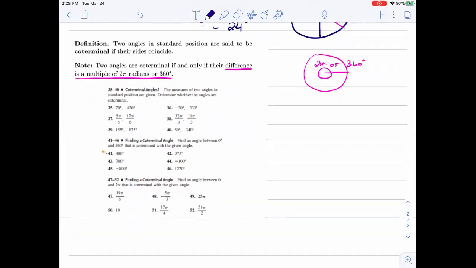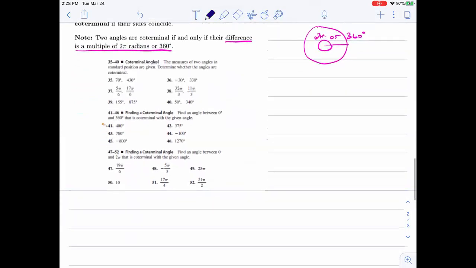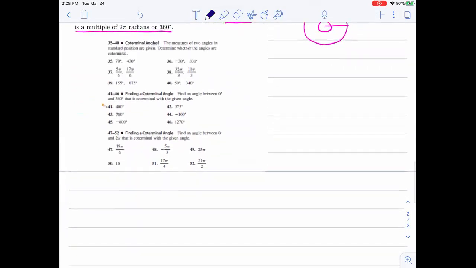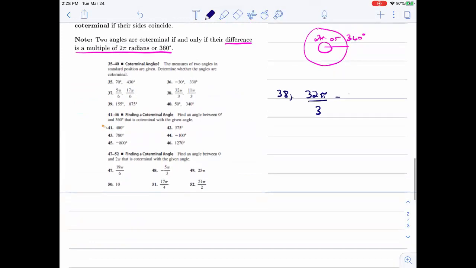So if we have a look at, let's do maybe 38. 38 is 32 pi over 3 and 11 pi over 3. Now what I want to do is look at the difference, and so I'm just going to subtract 11 pi over 3 to see what the difference is.